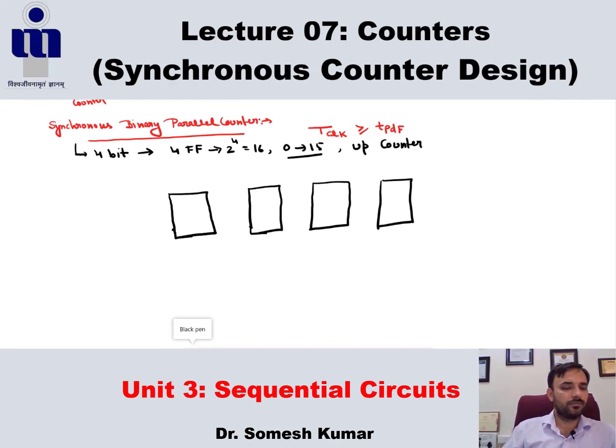So I am saying you can design this counter with the help of JK flip-flops or T flip-flops. So I am using here T0, Q0, Q0 bar, T1, Q1, Q1 bar. This is T2, Q2.